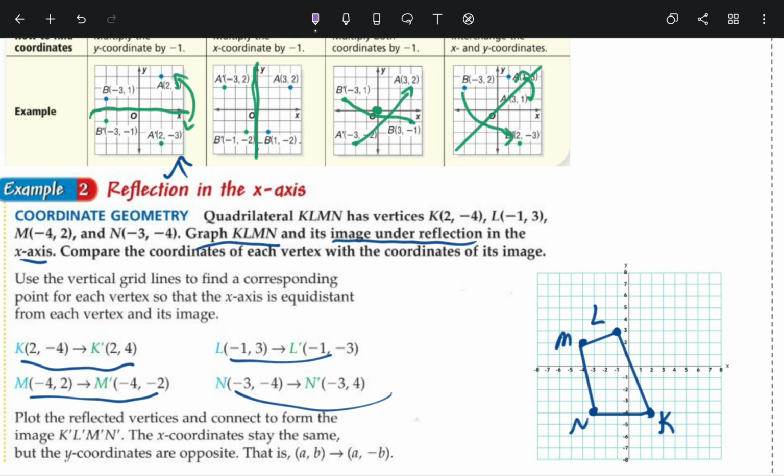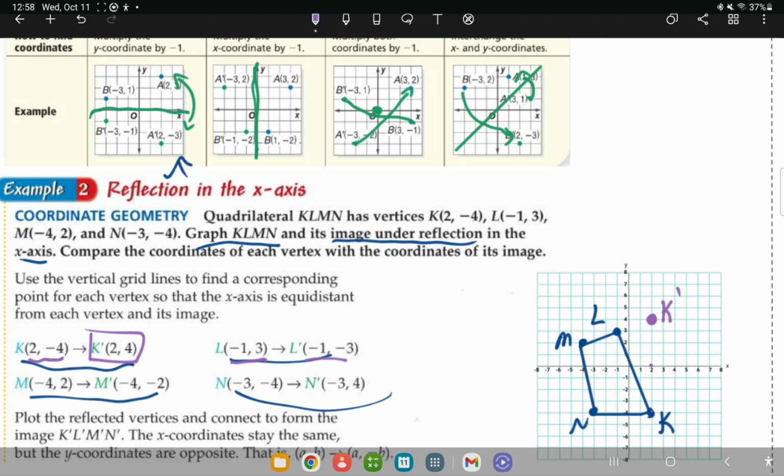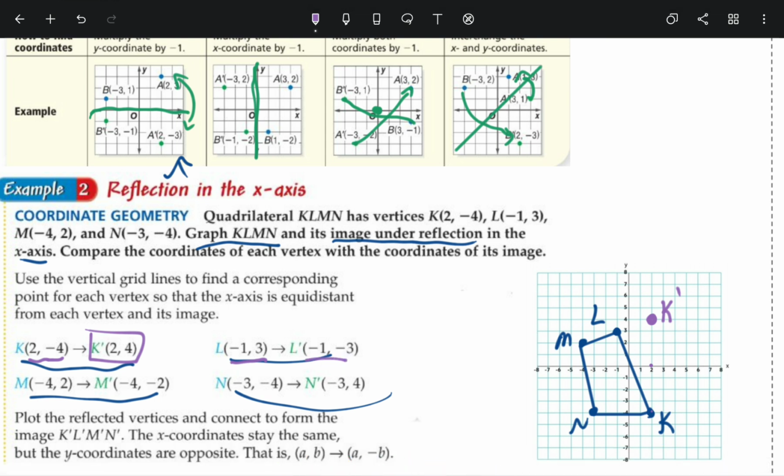So let's start with K. K is (2, -4). We want to graph the image, which is at (2, 4). So (2, 4), right here, and that is the image of K. Now let's do L. L is at (-1, 3), and its image is at (-1, -3).